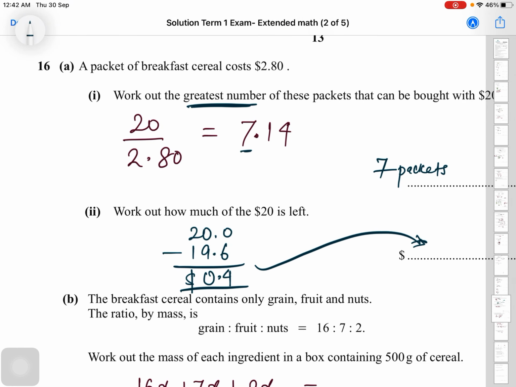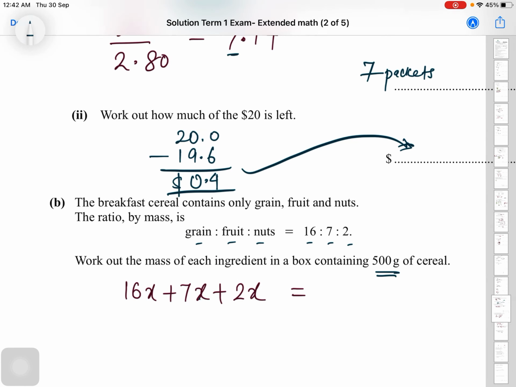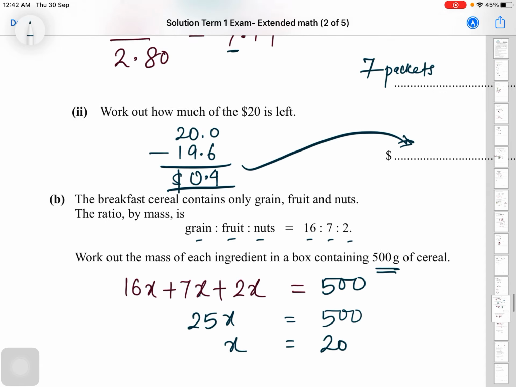The breakfast cereal contains only grain, fruit, nuts. The grain, fruit, nuts are in the ratio 16, 7 and 2. Work out the mass of each ingredient in the box containing 500 grams of cereal. So we can take 16x, 7x and 2x. They add up to make 500 grams. So the variables add up to 25x equal to 500. The value of x will become 500 by 25, that's 20.